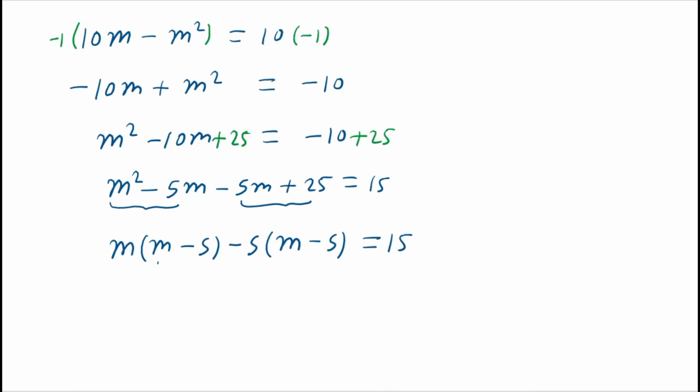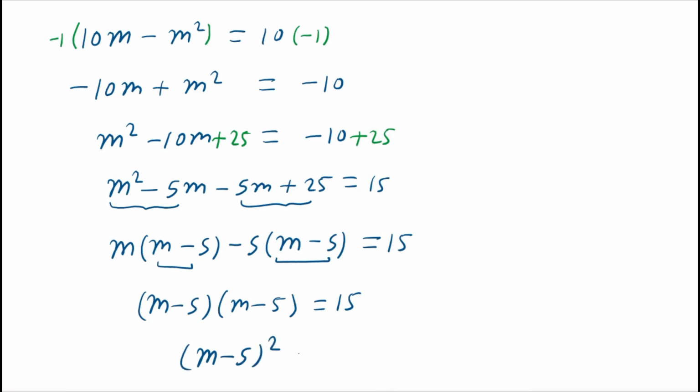Now here m minus 5 is common. If we take common m minus 5, then you will get m minus 5 times m minus 5, this is m minus 5 whole squared, and this is equal to 15.